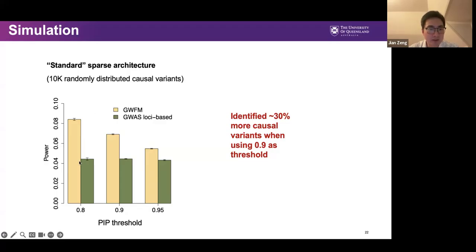We compare the genome-wide fine mapping with the GWAS loci-based fine mapping. It shows the power at different PIP thresholds. On average, about 30% of the causal variants we found are actually outside of the GWAS loci. So if we only restrict it to GWAS loci, you are likely to miss out 30% of the causal variants that potentially can be identified.